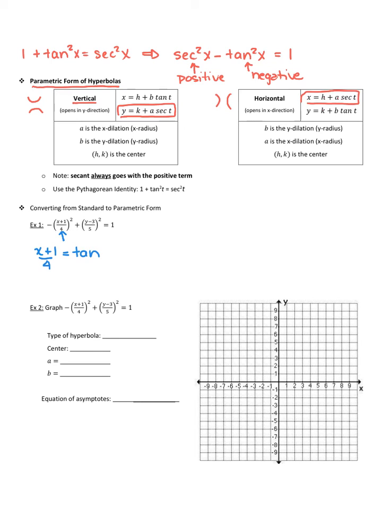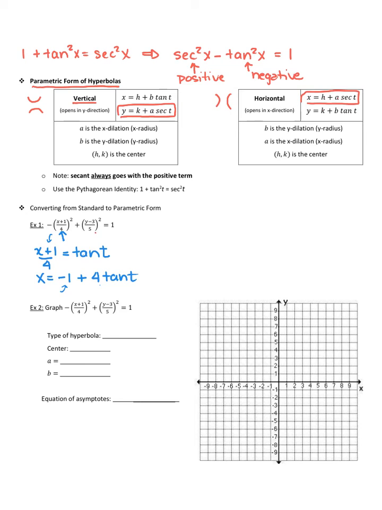I already got rid of my squared, so I've already taken the square root of both sides, okay? And now if I isolate x, so that means x is going to equal, I would multiply by 4 and subtract 1. So notice my h was out in front, so there's that h, and the 4 was the dilation factor.